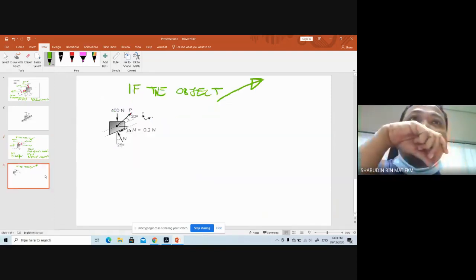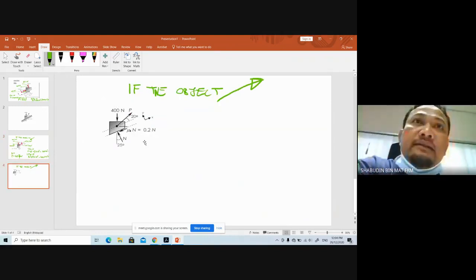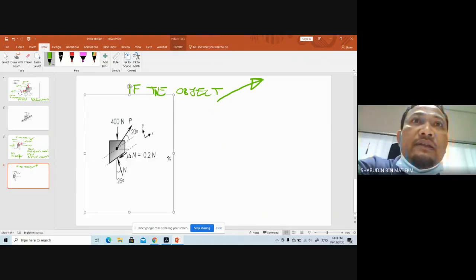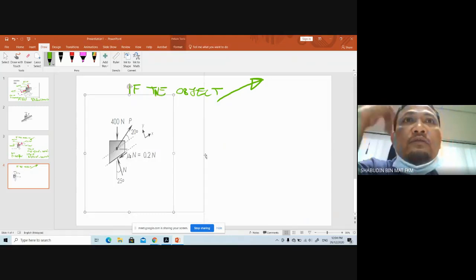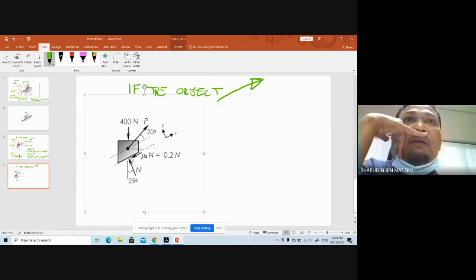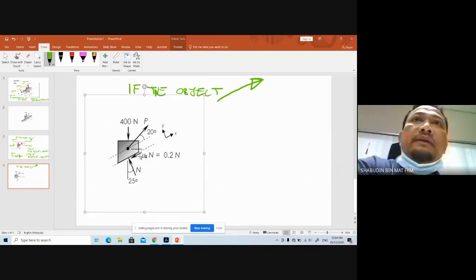Second situation, if the object is moving up, so the difference is only the direction of the friction, going down this time. Because we assume the object is moving up and then friction will go down. That's it.